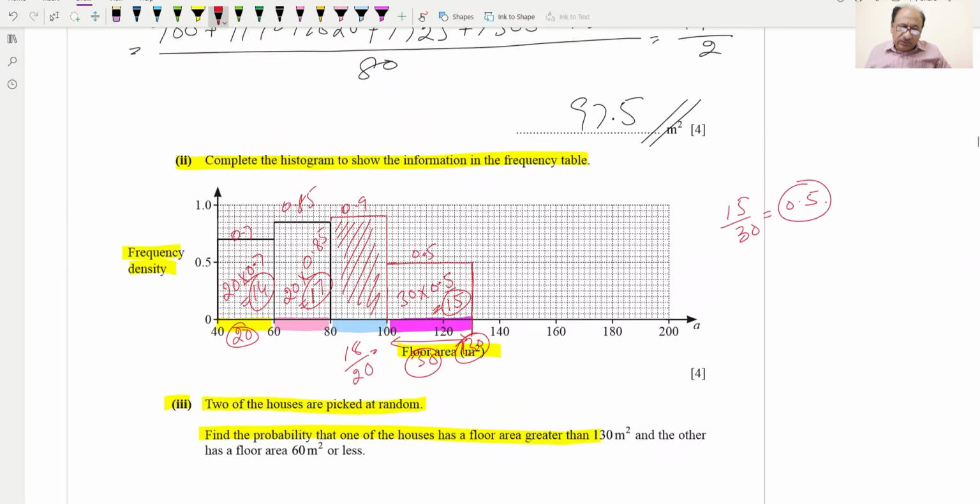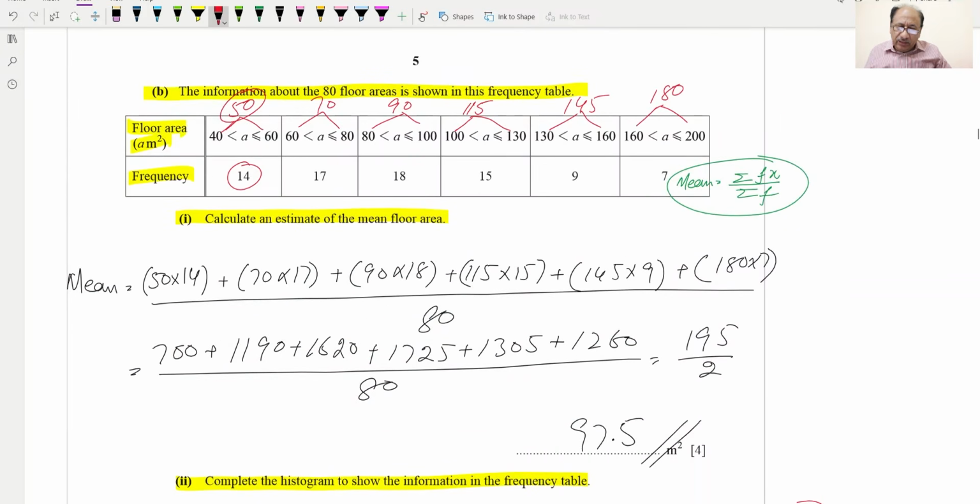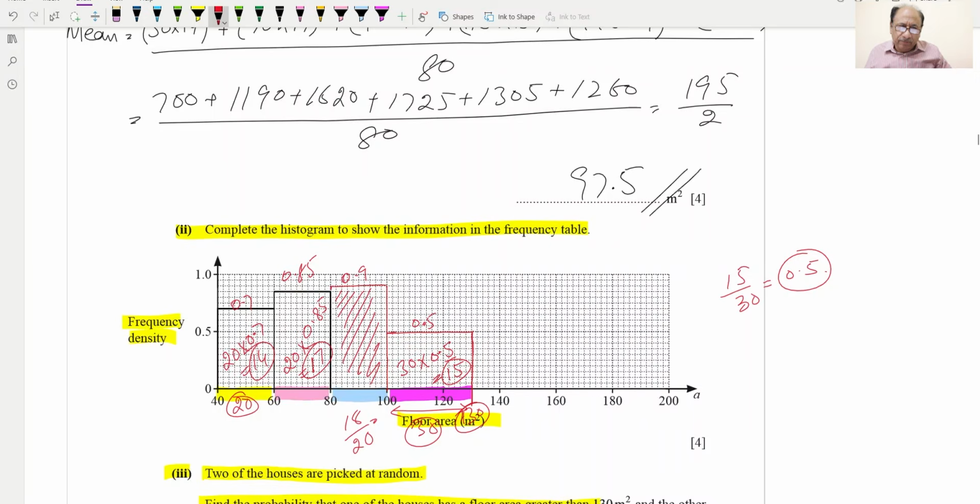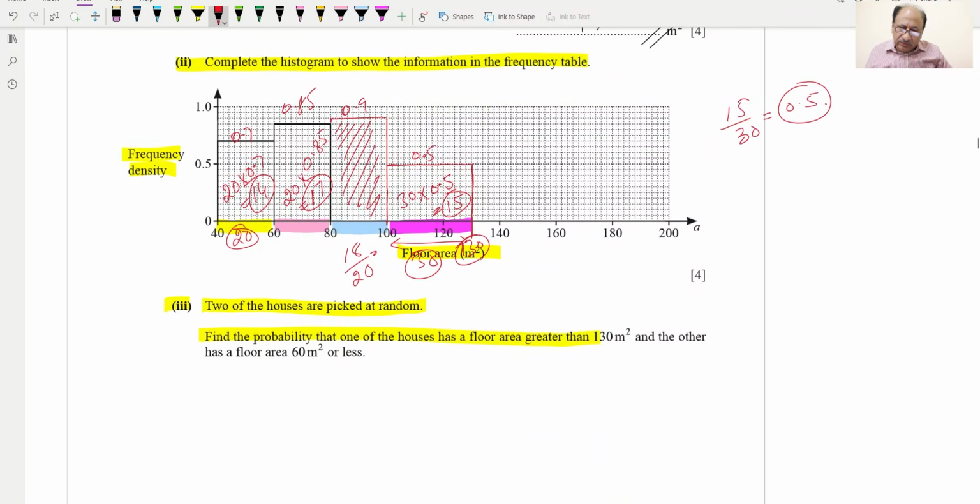And then the next one is 130 to 160. 130 to 160 will be this one, and this side is 30.